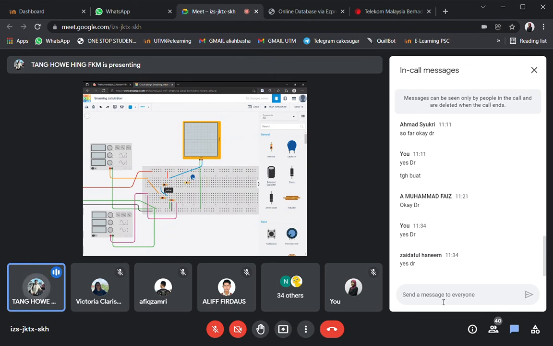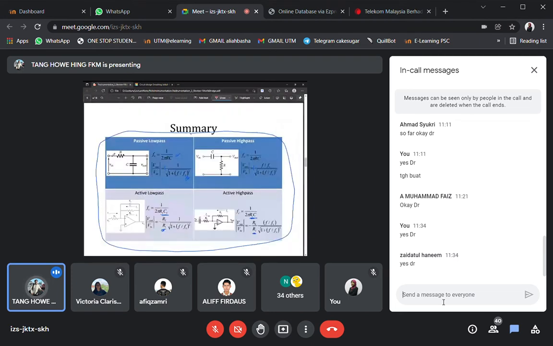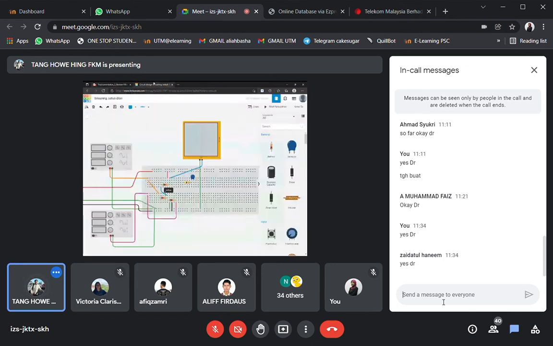Okay, so I just connect this resistor and the capacitor together, and according to the circuit for the low pass filter, you can see that the resistor and the capacitor are connected in series. Just that this end of the resistor goes to the voltage input, and the other end of the capacitor goes to the ground, and the intersection of both R and C will be the voltage output.